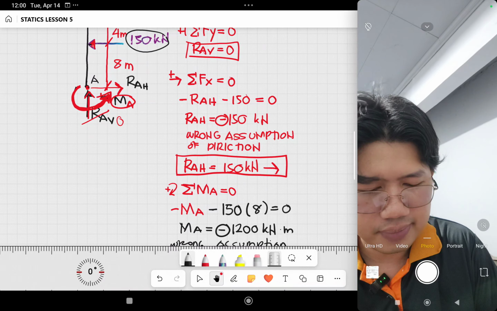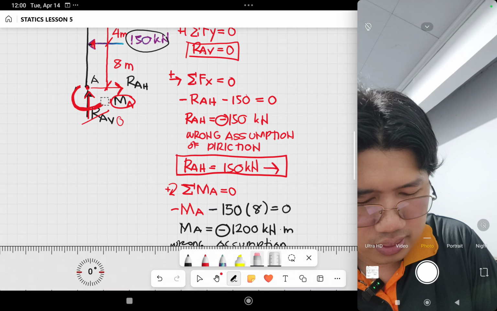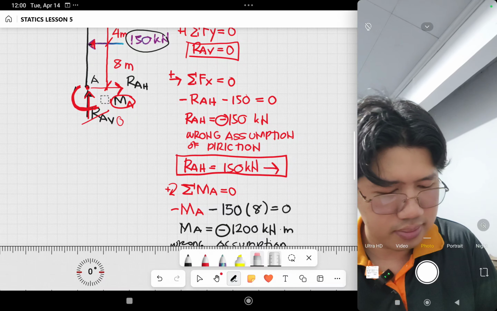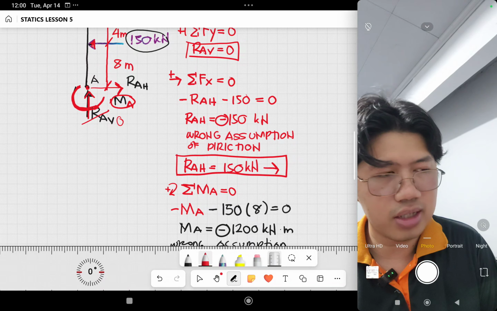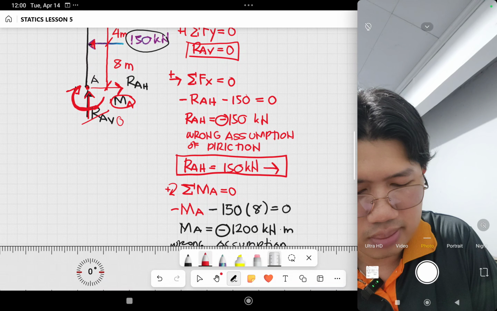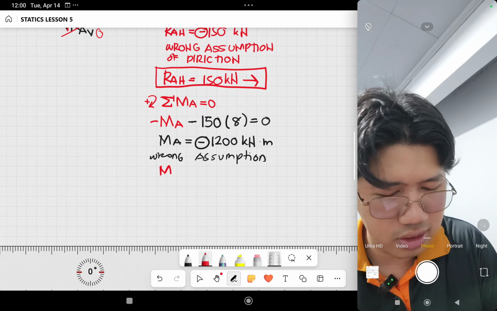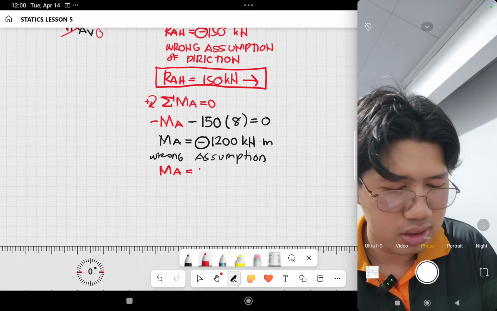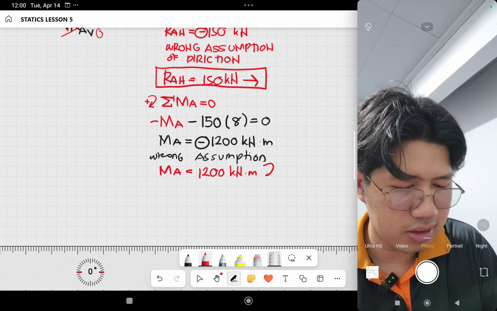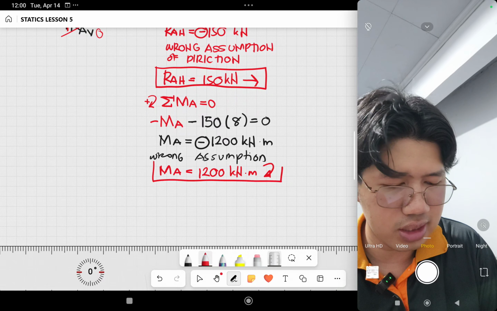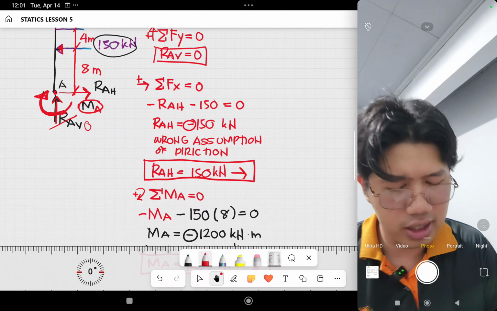So, imbis na counterclockwise yung ating moment, dapat pala clockwise siya. Kapag nireflect na natin yung tamang direction, iwan na natin yung negative, gawin na natin positive, and then reflect the correct direction. So these are the answers. So yun yung mga reaction forces natin.